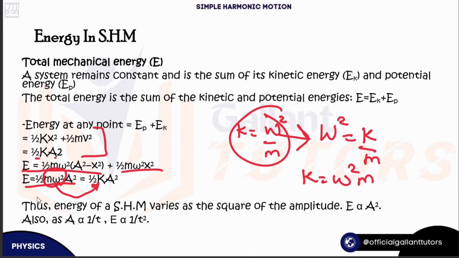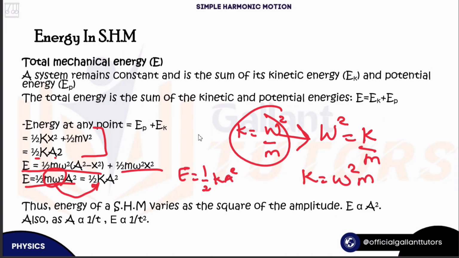So the energy of a simple harmonic motion varies as the square of amplitude. It varies as the square of amplitude, right? What that statement is trying to say is that E, as we know now, is equal to half Ka square. Clear?